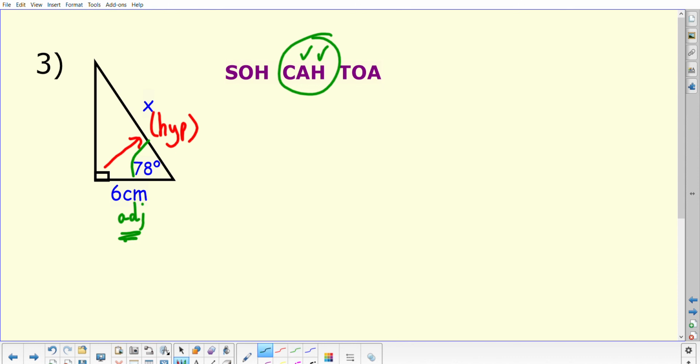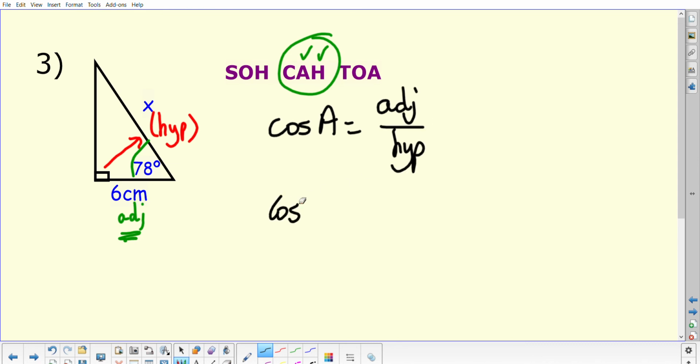So you would write down cos of angle equals adjacent over hypotenuse, and you're doing cos of 78 equals your adjacent side is 6 over your hypotenuse is x. So again, we've got an equation that we need to rearrange. We've got this, we are dividing by x.